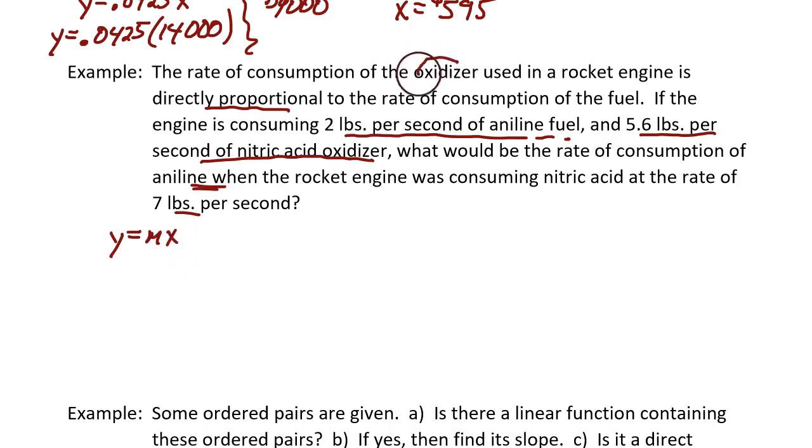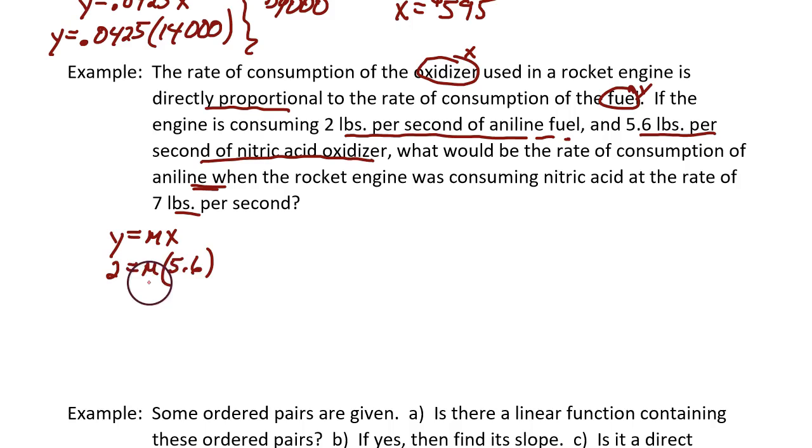Let's use the letter x to be the amount of oxidizer and the letter y to be the amount of fuel. One of the sentences tells us how much fuel is used for a certain amount of oxidizer. We're told we use 2 pounds of fuel when 5.6 pounds of nitric acid oxidizer are used.